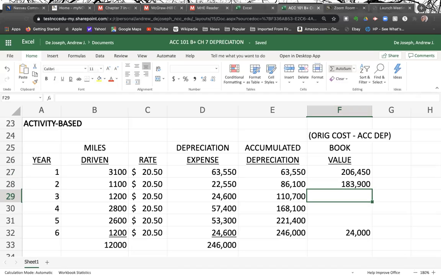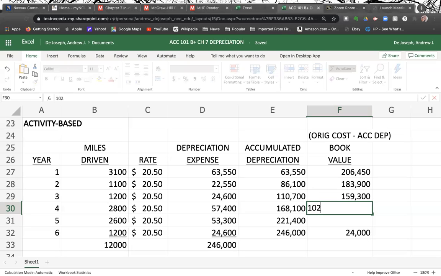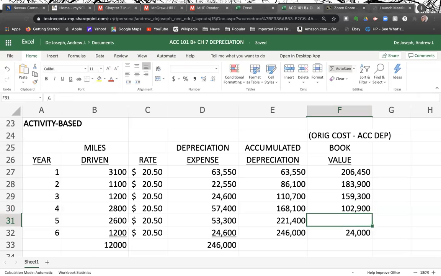270 minus 110,700. 159,300. 270 minus 168,100. 102,900. And 270 minus 221,400. 48,600.